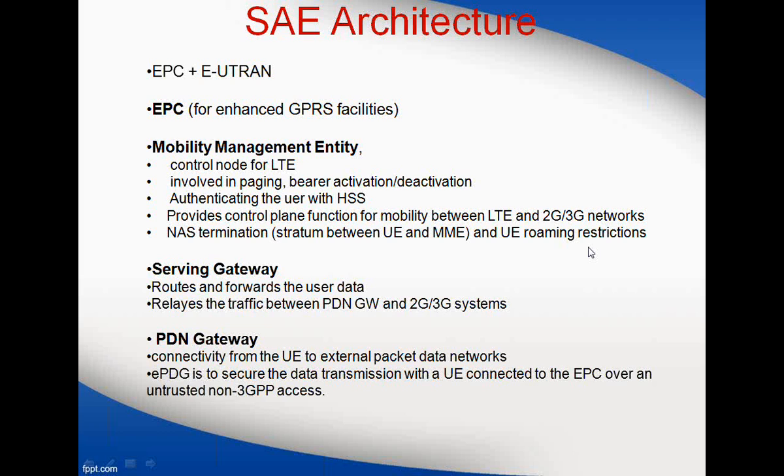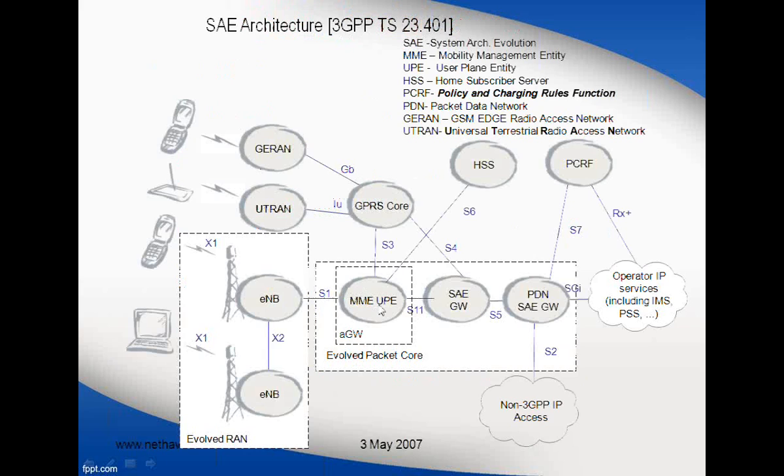So obviously we have a serving gateway that routes and forwards the user data. It takes care of the traffic between the PDN gateway and the 2G and 3G. So this EPC altogether forms the main components, and it provides all the functionalities to make the LTE network able to communicate to the outside world.